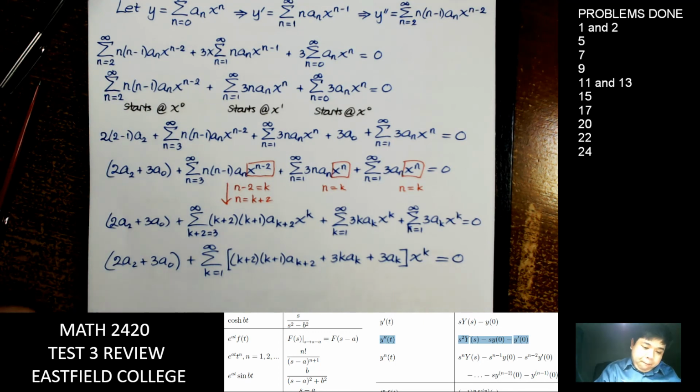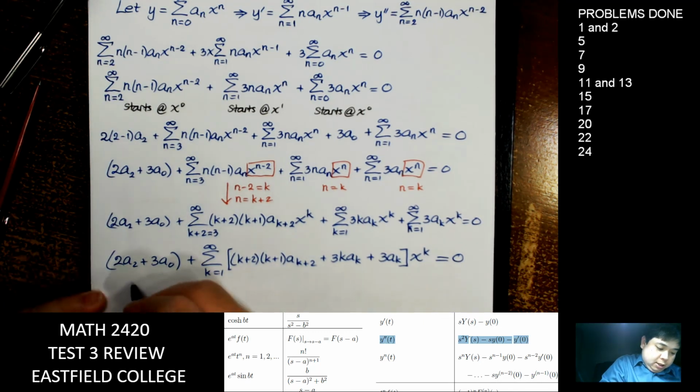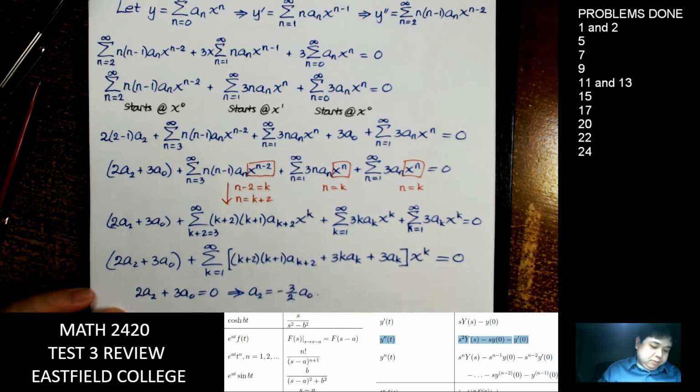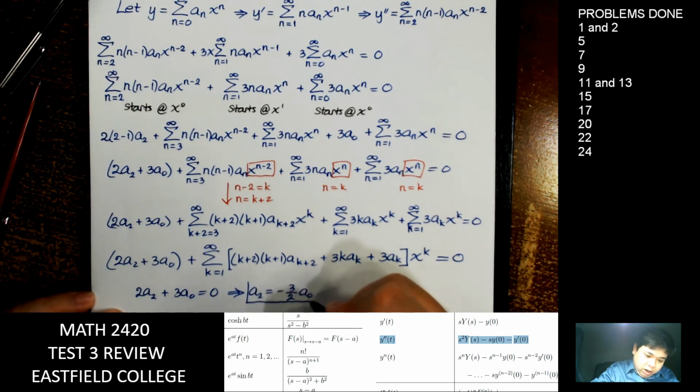Right. So we have 2a2 plus 3a naught equal to 0. So from here we write a2 is negative 3 over 2 a naught. That's one coefficient.